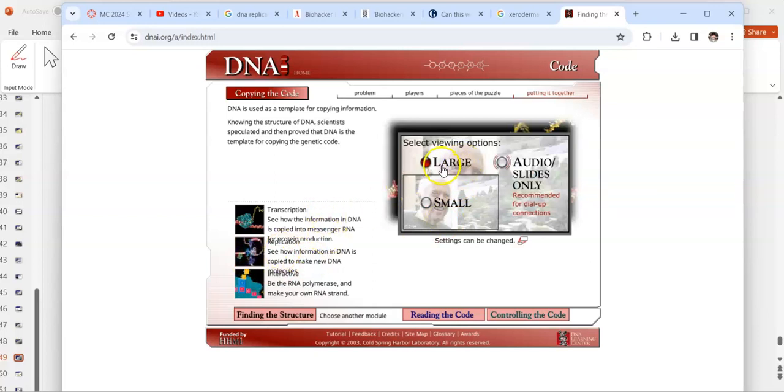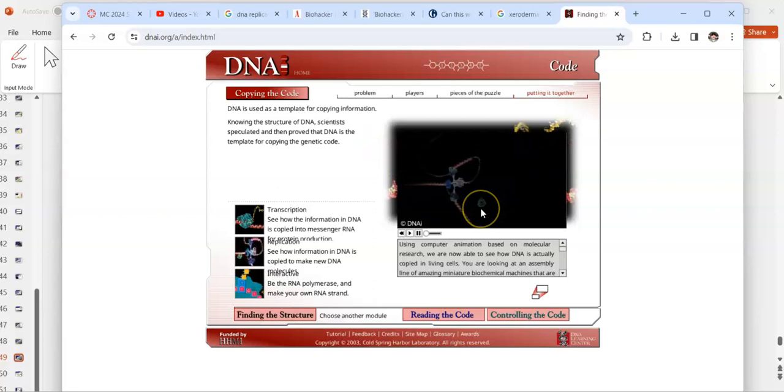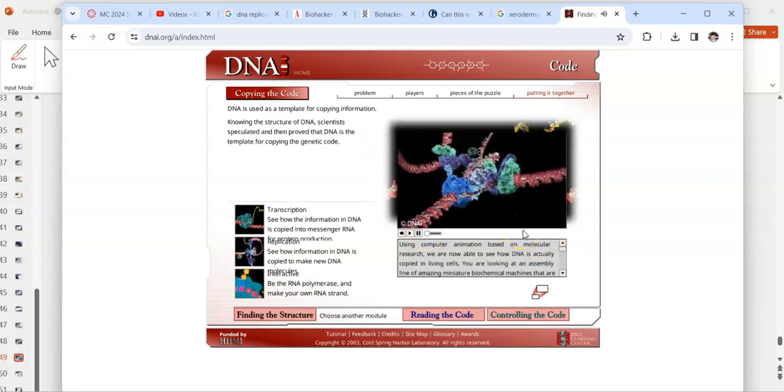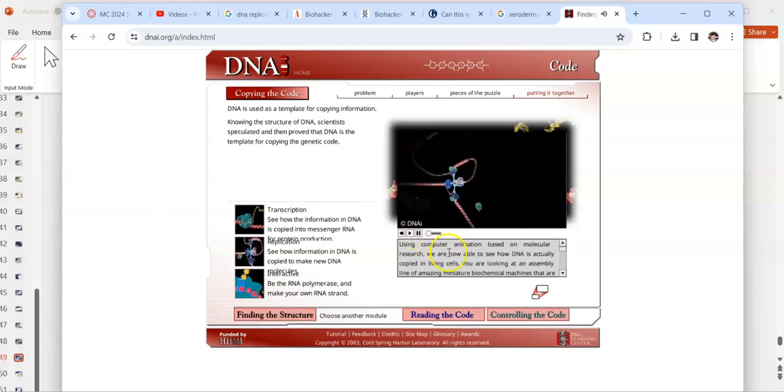I don't know why that's all funky, but this is real time. And you can make it bigger. So here's the leading strand, right?